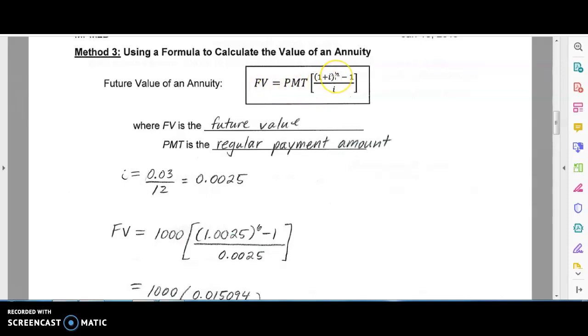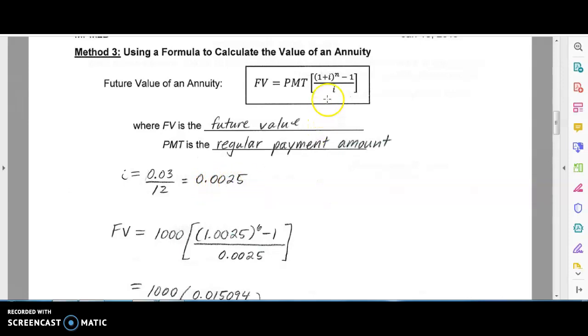The I and the N stand for the same things as they stood for in the previous lessons in terms of compound interest. The I is your interest rate divided by the number of times that interest is compounded in a year. So again, just like above in the timeline, interest rate of 3% gives us 0.03, and compounded monthly means 12 times a year, so divided by 12, and our I value is 0.0025.